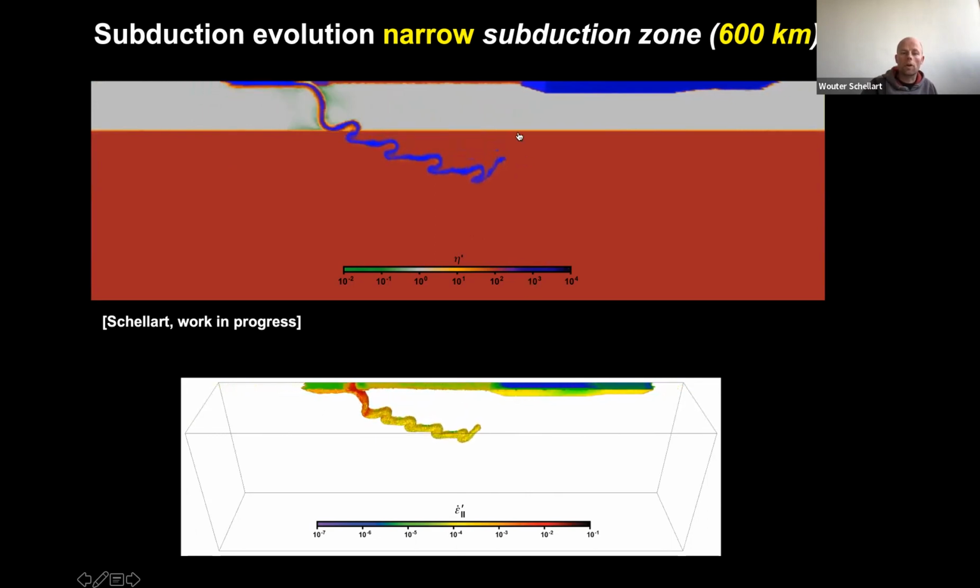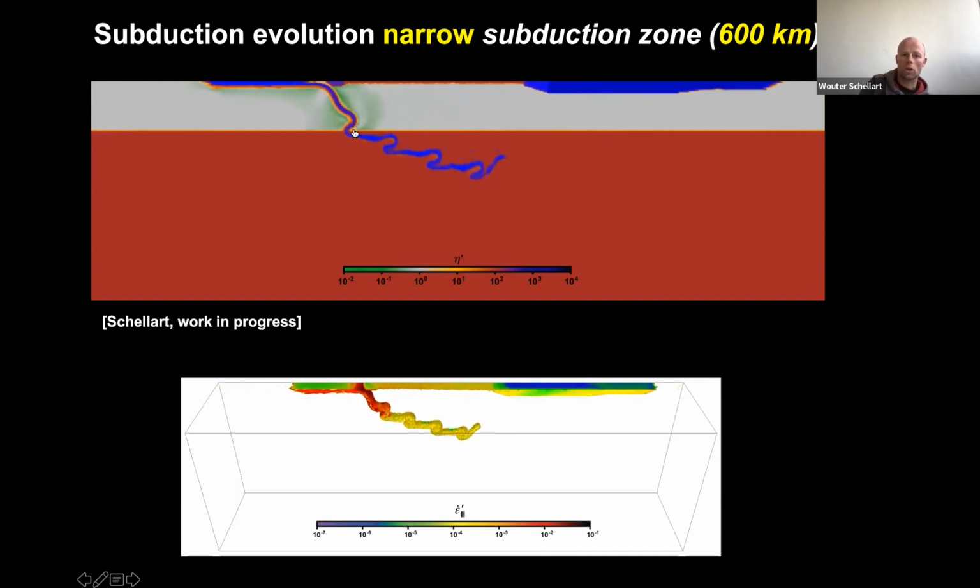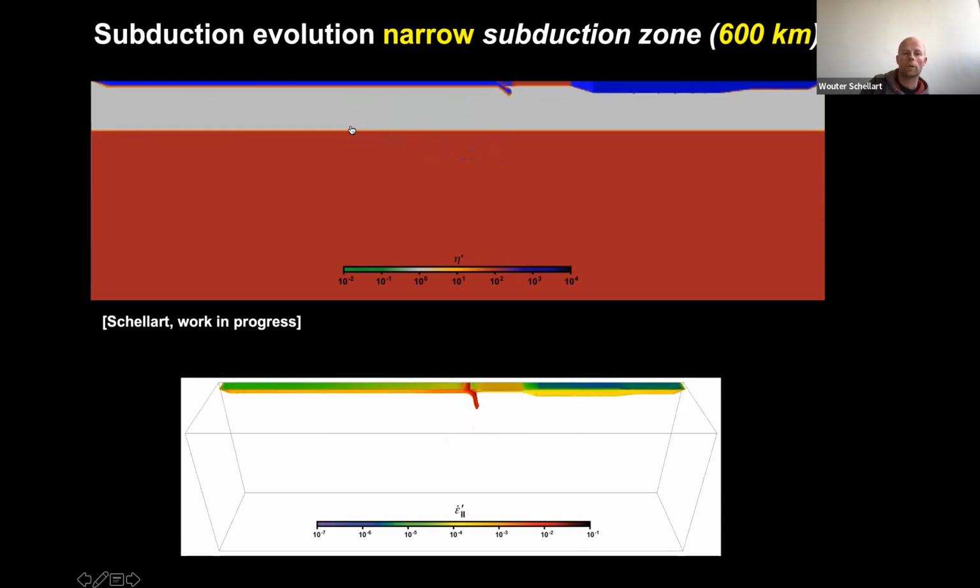What is also interesting to note is that as the slab retreats and rolls back, we see it basically being draped on top of the 660 discontinuity. And it's not a continuous flat lying slab, but actually shows this periodic folding, nice periodic folds as it is draping backwards over the 660 discontinuity.